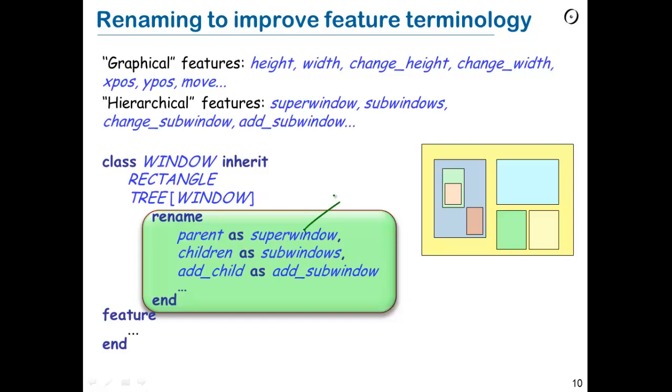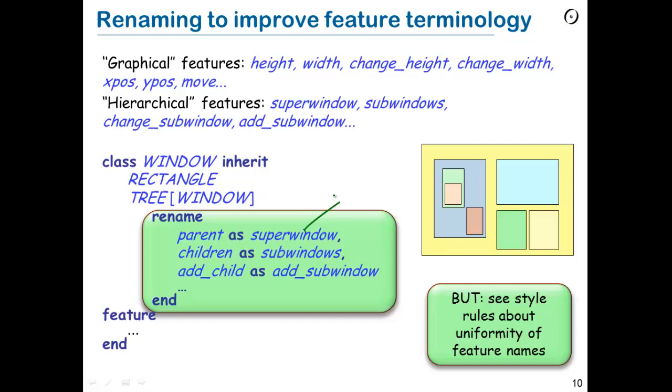So we don't abuse these mechanisms of adapting names to local context too much, but sometimes they can be very useful, as illustrated by this example of the tree terminology being adapted here to Windows terminology.